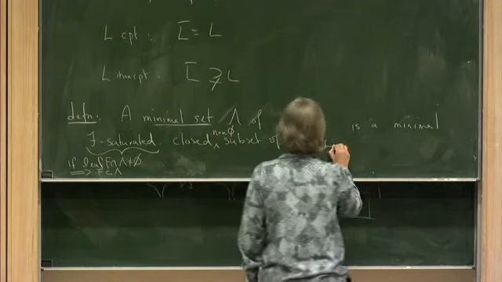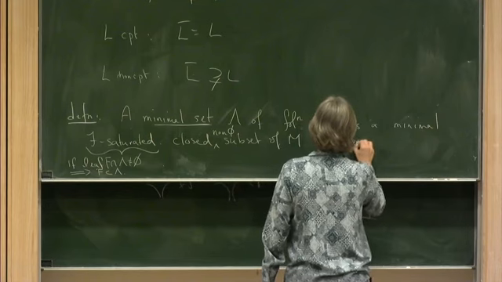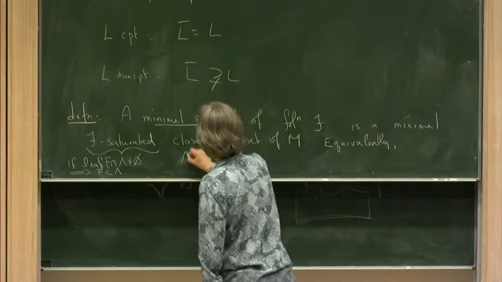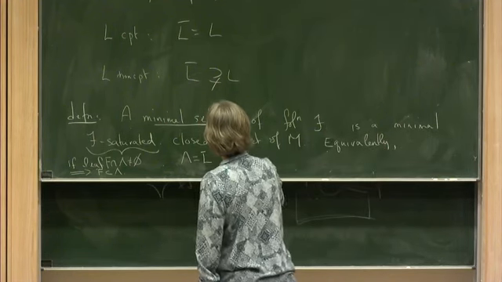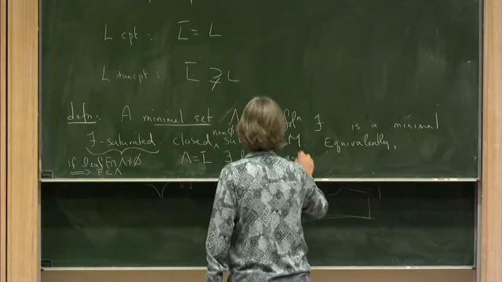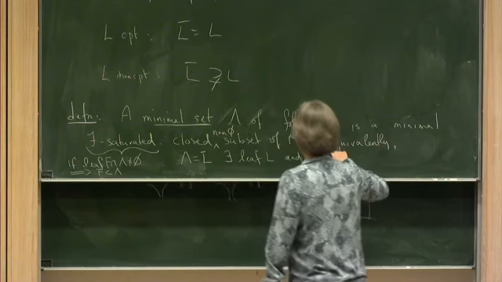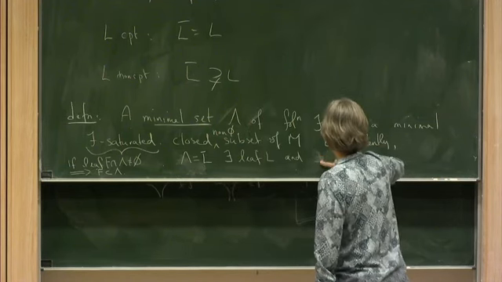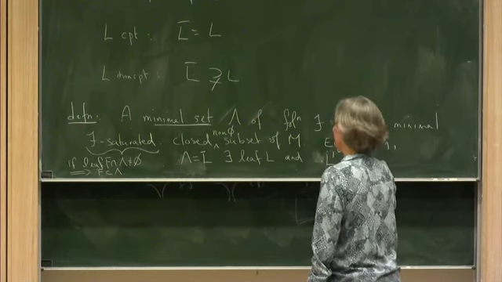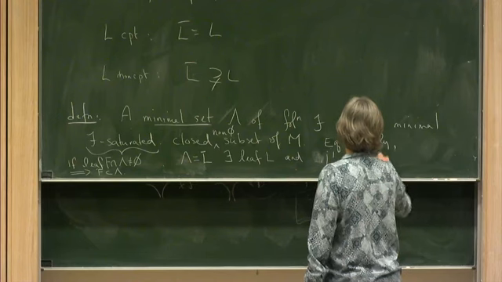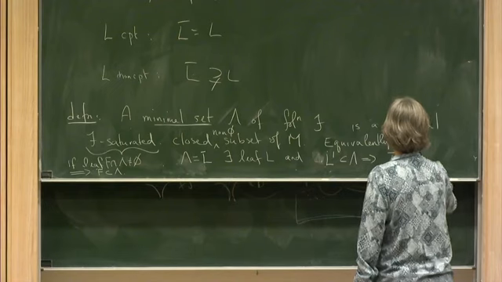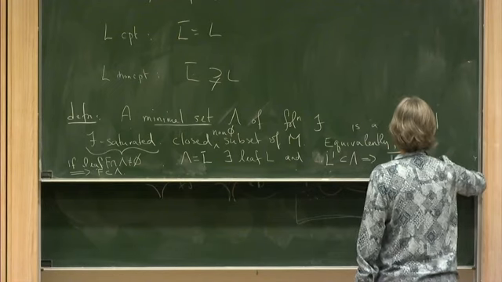And equivalently, lambda is equal to the closure of L for some leaf L, and L prime contained in lambda implies that the closure of L prime is equal to lambda.